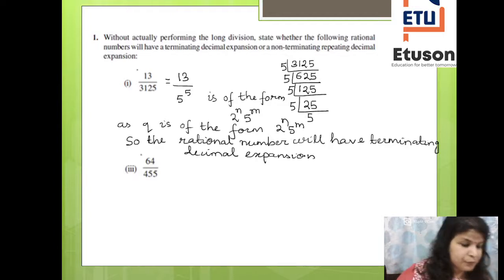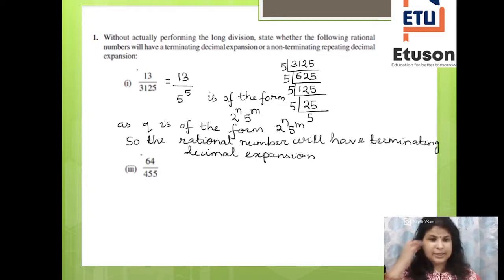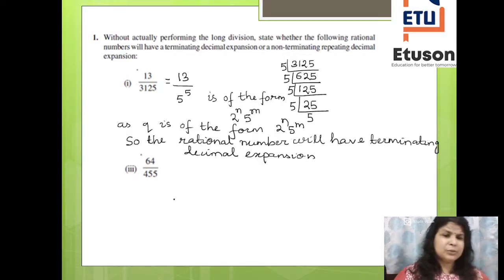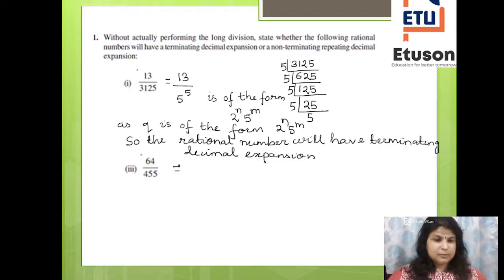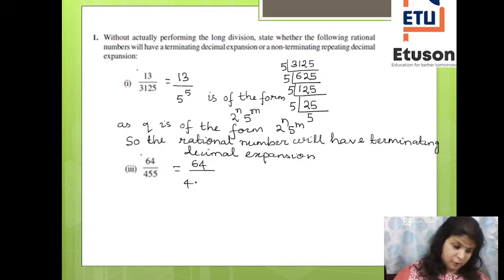So now it's the third bit. That is 64 divided by 455. For the numerator you need not do anything, because you have to check with the denominator first whether it can be represented in the form of 2 to the power n into 5 to the power m or not.